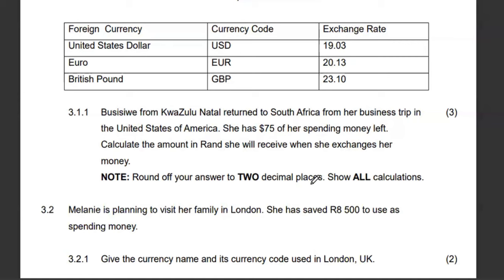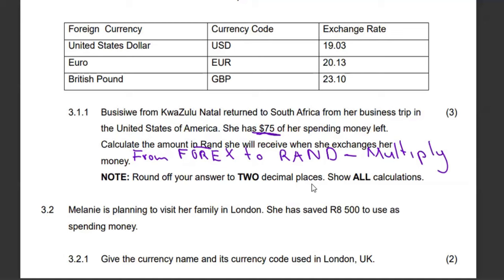The first thing when you're dealing with Forex is to determine what's happening. She's returning to South Africa with foreign currency, $75, and she needs to convert it to rand. So when moving from Forex to rand, multiply by the exchange rate.